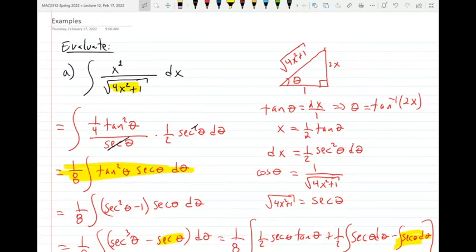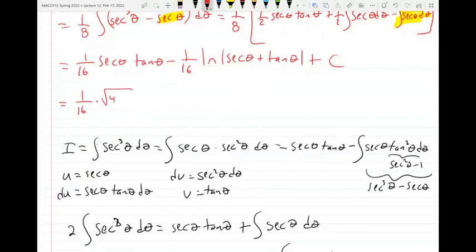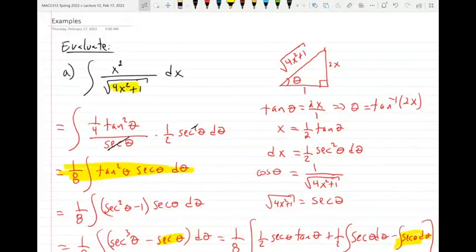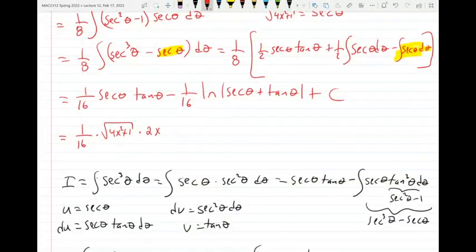So secant is the square root of 4x squared plus 1, times tangent. What is tangent? Opposite over adjacent. So tangent is 2x. Minus 1/16 ln of square root of 4x squared plus 1 plus 2x.